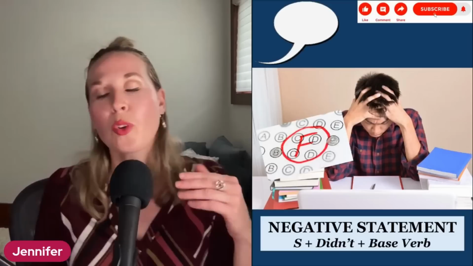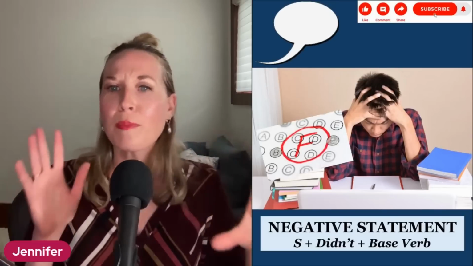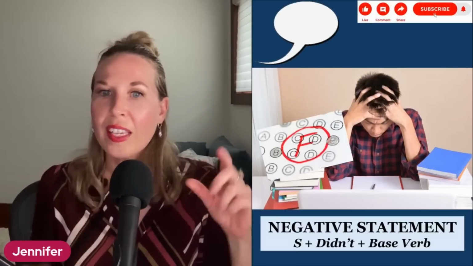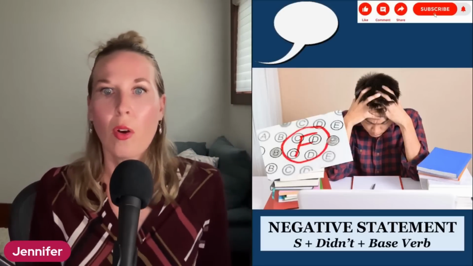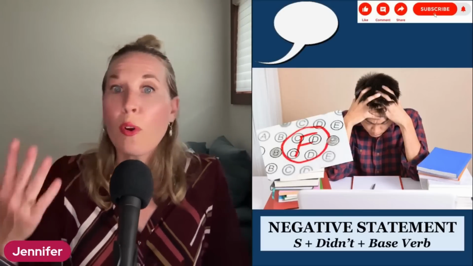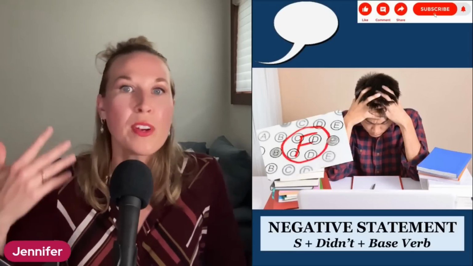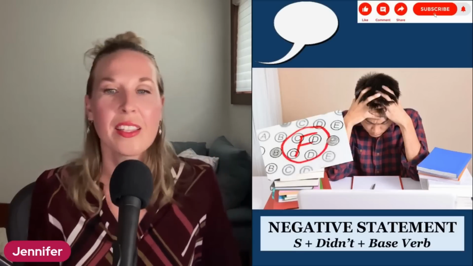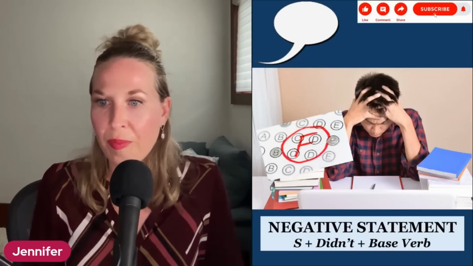Now, of course, because we're using didn't, I chose some pictures that are a little more negative. So, based on this picture, what did this man, this student, your friend, your brother, your boyfriend, your husband, your coworker, your neighbor, or you didn't do?